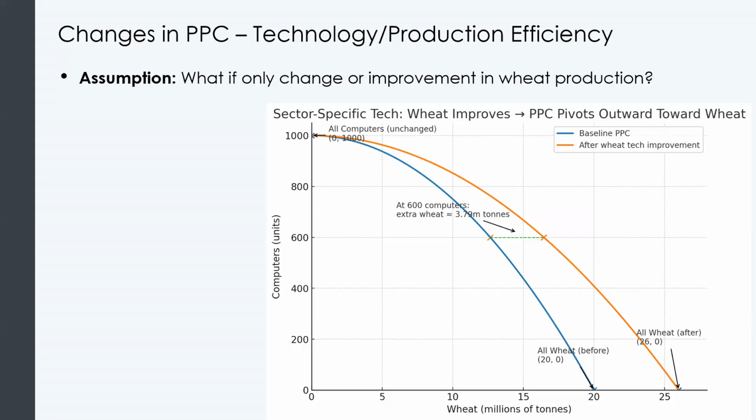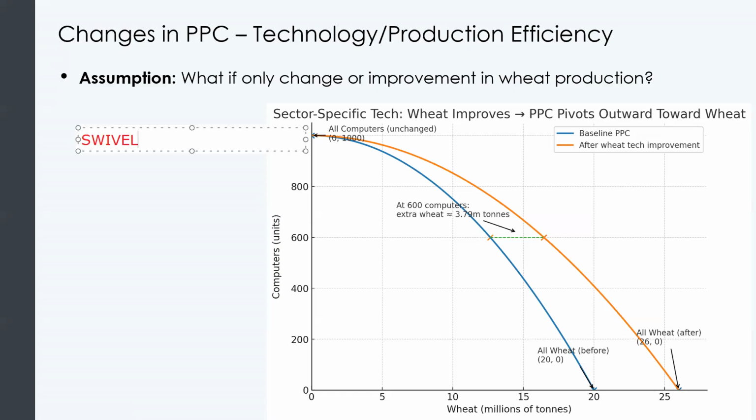So in my example over there, let's say there is an improvement in the agriculture technology that is being used in wheat production. That improvement will only result in the side of wheat increasing, but the side of computers remains the same. We call that in economics a swivel, right?